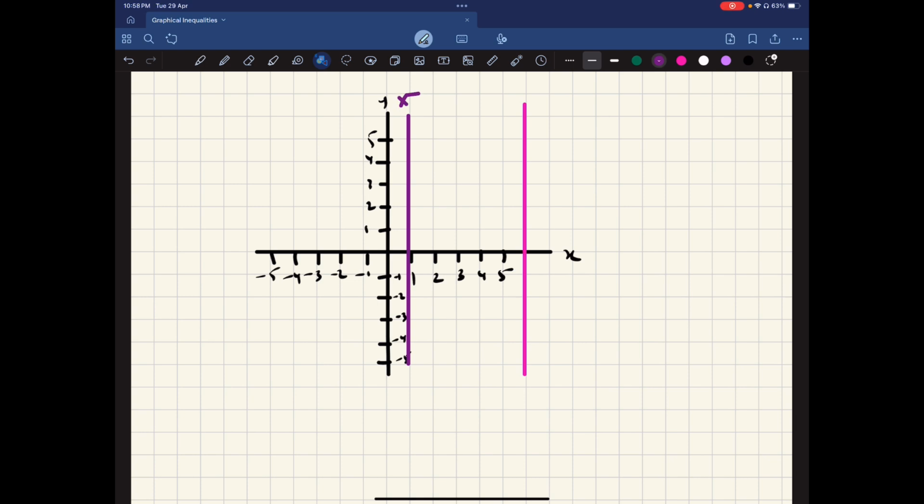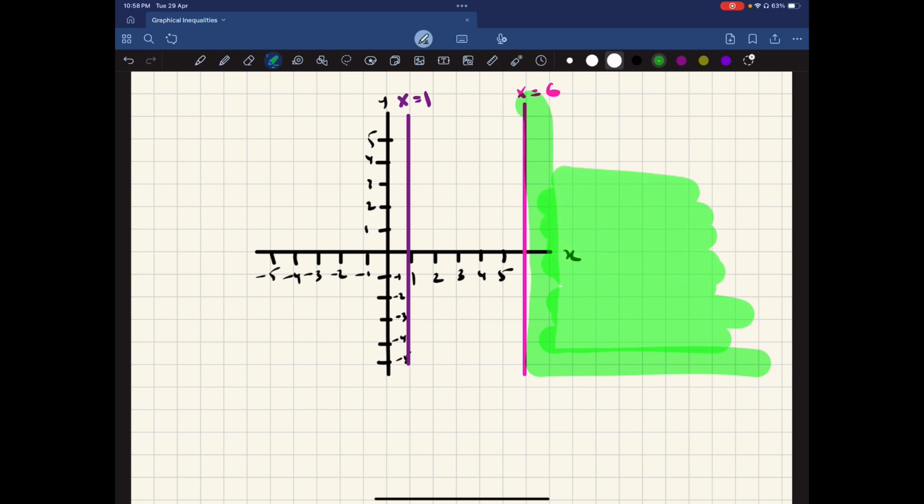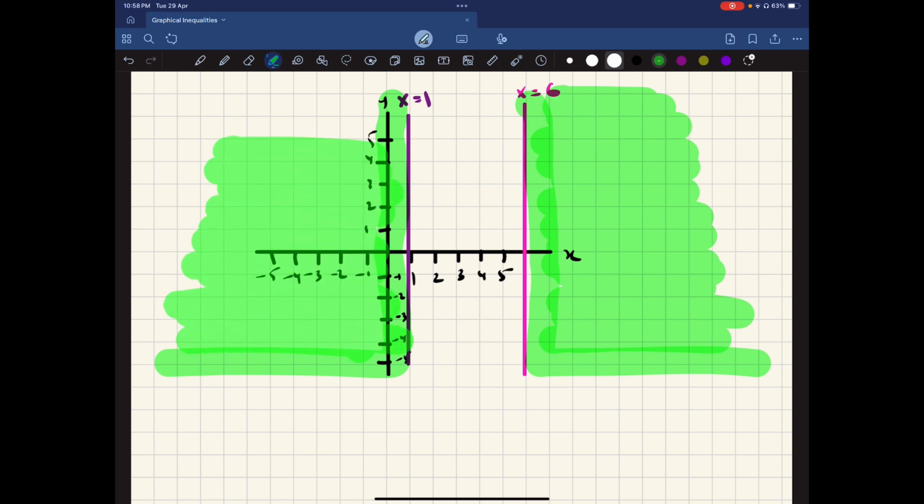This is x equals 1, and this is x equals 6, right? Now let's shade it, and we will try and figure out. So the region on the left of x equals 1 is shaded, and the region on the right of x equals 6 is shaded. Okay, and they're asking you to list down the inequalities which represent the unshaded region.